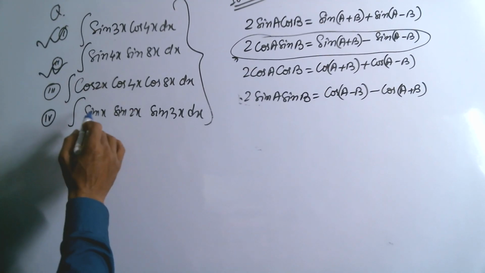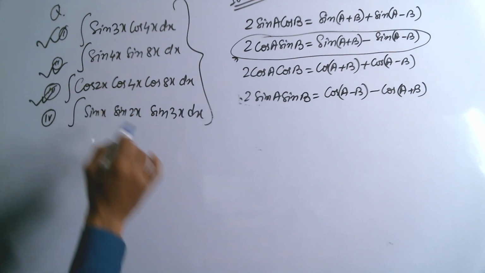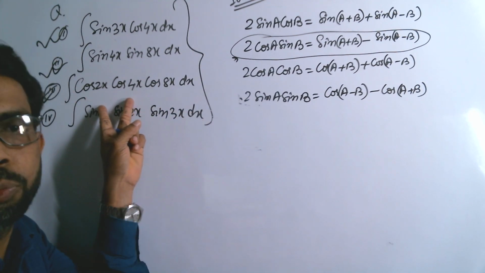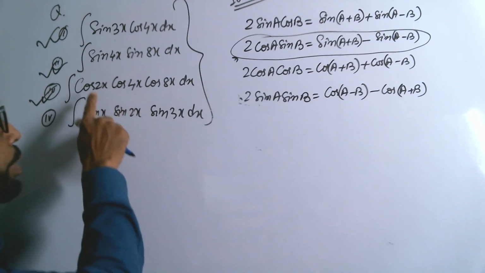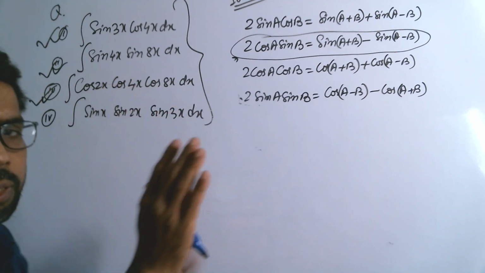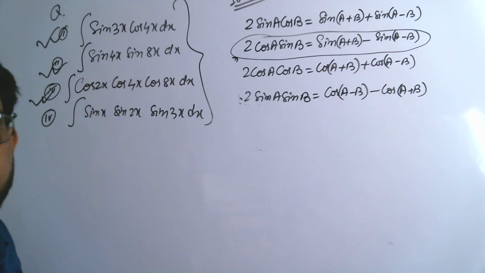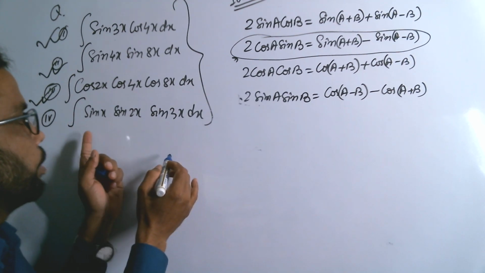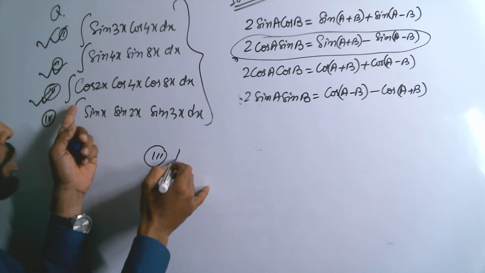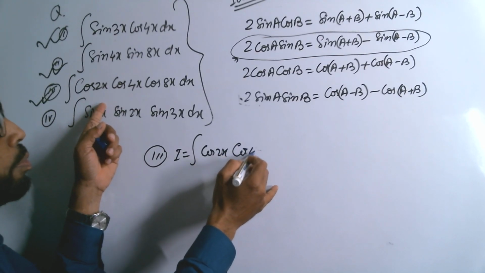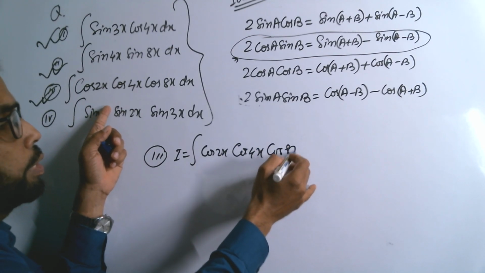Now let us integrate the third and fourth, the same product of 3 terms, no problem. We can take any 2 terms at first: first, second, or first, third, or second, third. Any 2 factors first, and the third factor we will keep as it is, and then we will apply the process. Now, the third question: it is cos 2x, cos 4x, cos 8x.